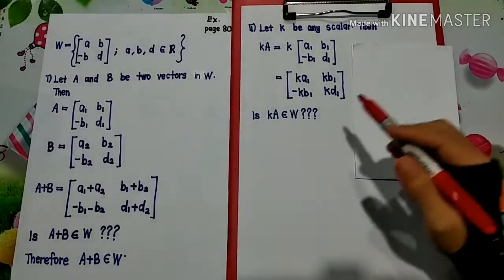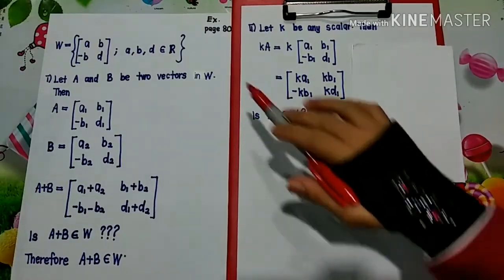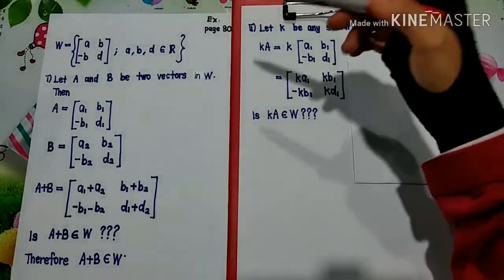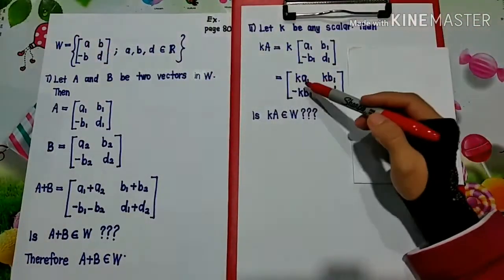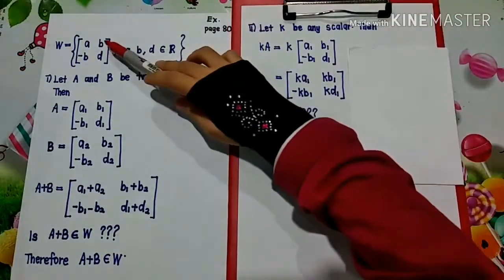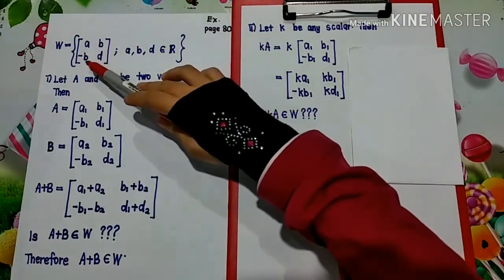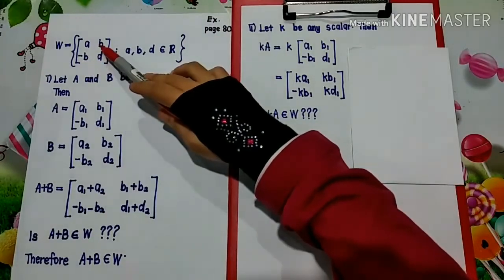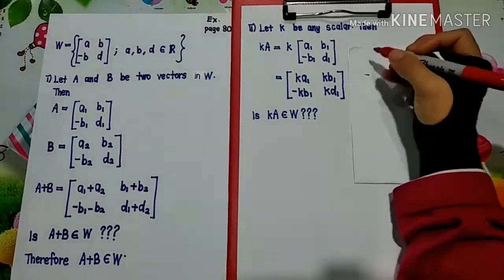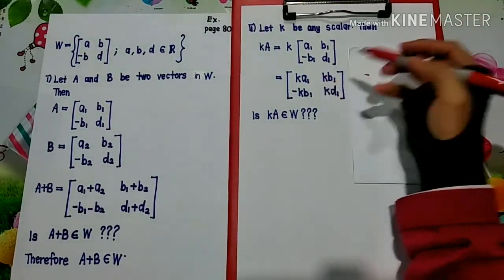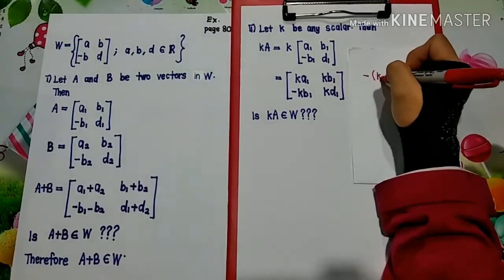Next step, same thing, we want to show that kA, the second case here, is in W. So same thing, we refer to the vector W here. Our A entry is ka1, and our b entry is kb1. Supposedly negative multiplied with the entry b here, so negative kb1. We check for our scalar multiplication. So negative multiplied with the entry here, negative kb1.